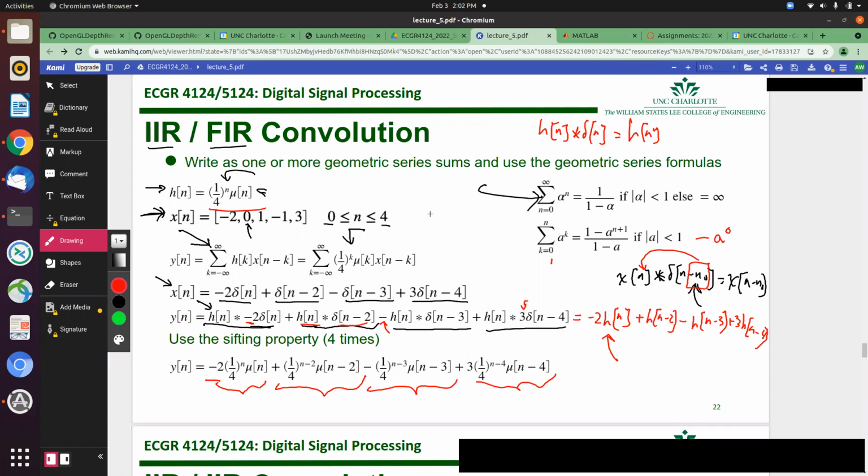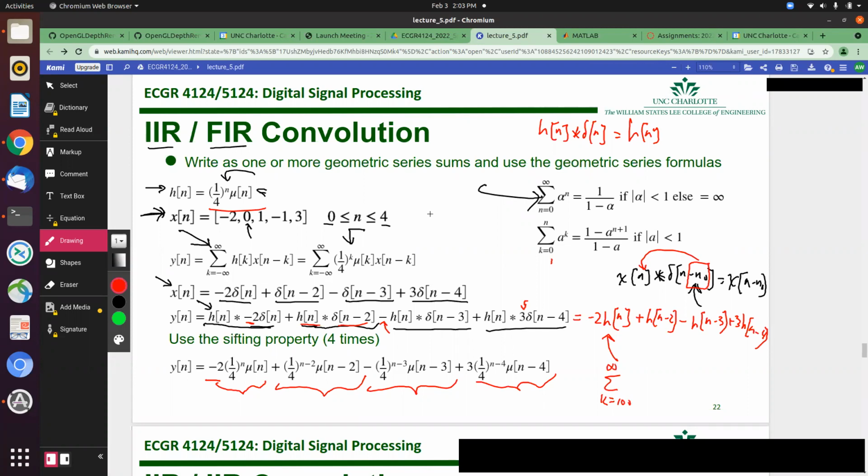That is one approach, and it's quite equivalent to the mathematical approach, which is choosing a change of variables. Say this thing started at 100, so the sum has k going from 100 to infinity.